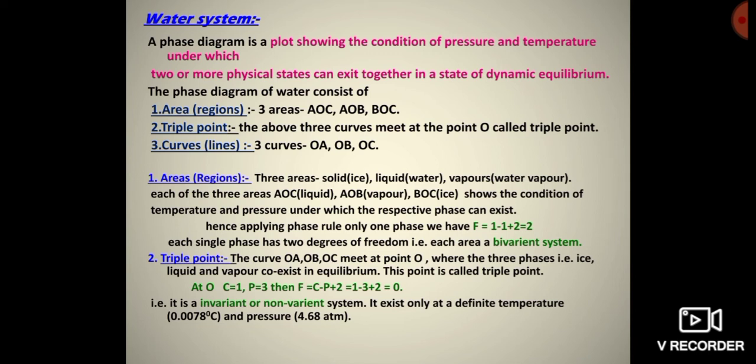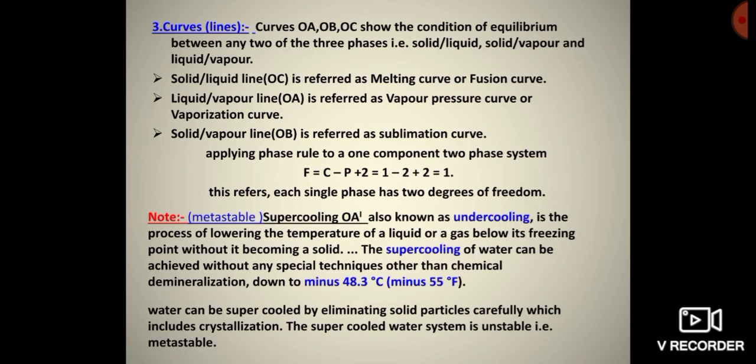Hence, by the phase rule, the degrees of freedom F = C - P + 2 = 1 - 3 + 2 = 0. That is, it is an invariant or non-variant system. It exists only at a definite temperature, 0.0078 degrees centigrade, and pressure 4.68 atmosphere.